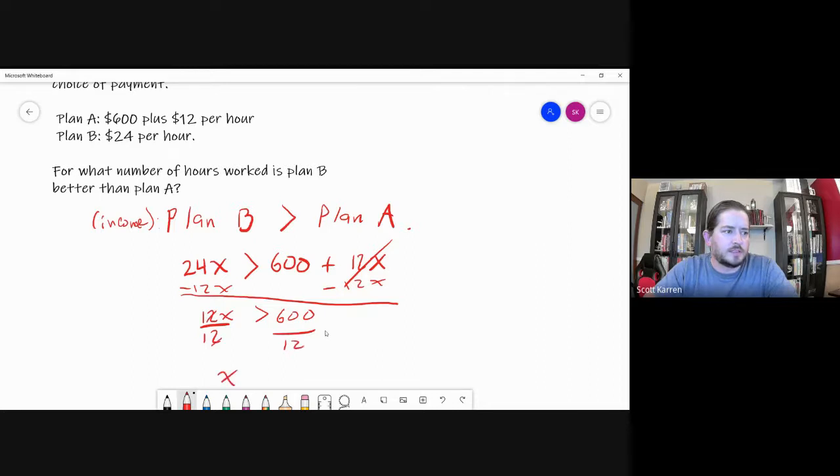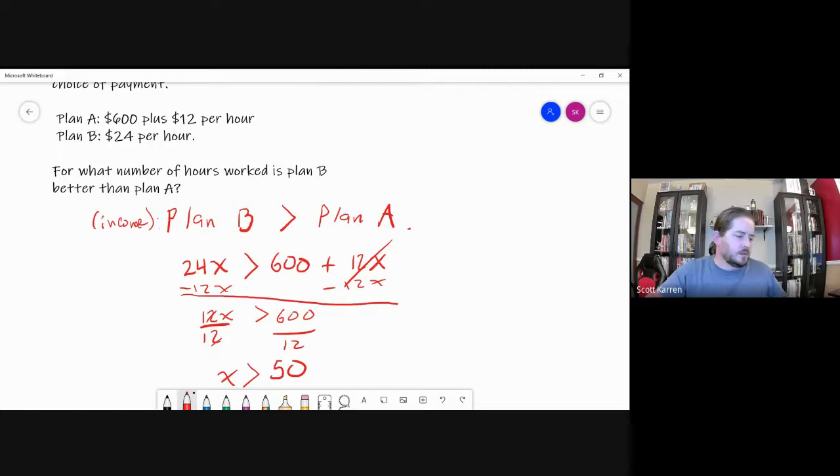I get x equals, and that's 50? Oh, it's not an equals. It's a greater than. So at around 50 hours per week, month, whatever time period, he's going to want to start switching over to plan B instead of plan A.